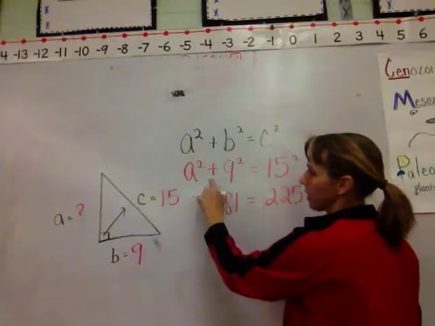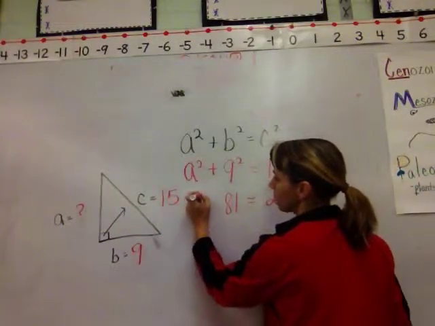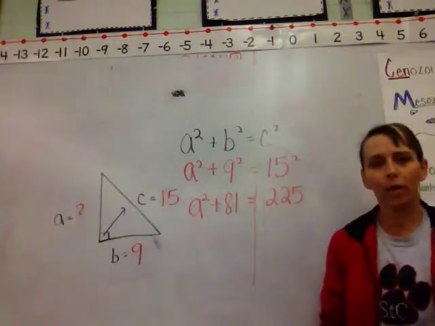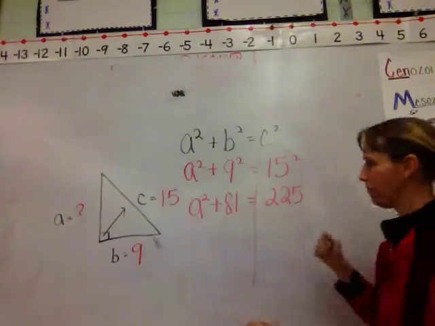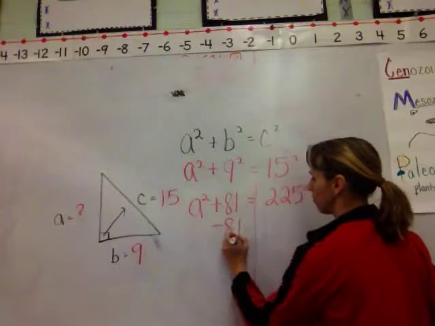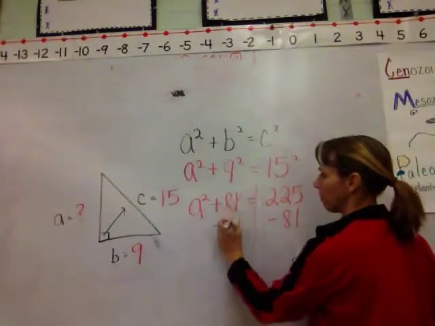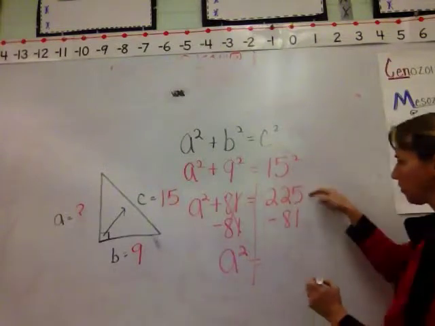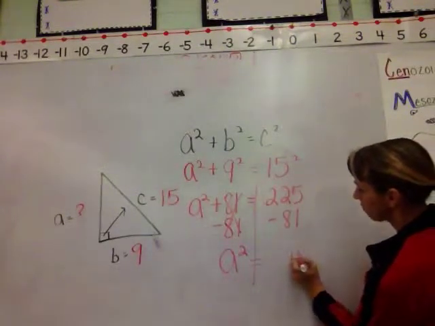But I forgot to bring this guy down. So I need to bring my a squared down and my plus. Draw my line, solve my equation. This is positive 81. So I'm going to do the opposite. I am left with a squared on this side equals, I need to do some subtraction here.